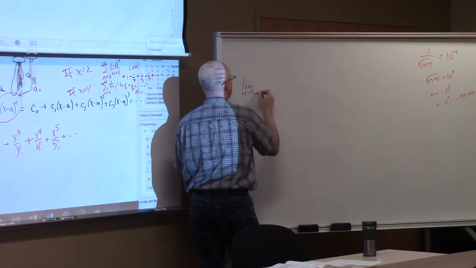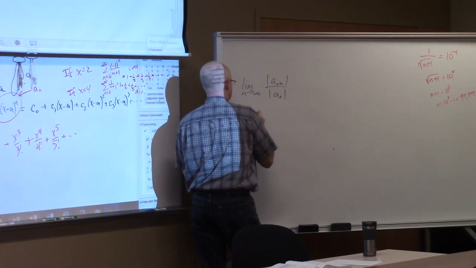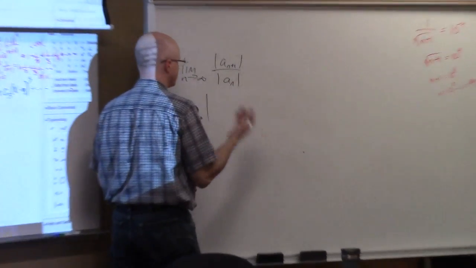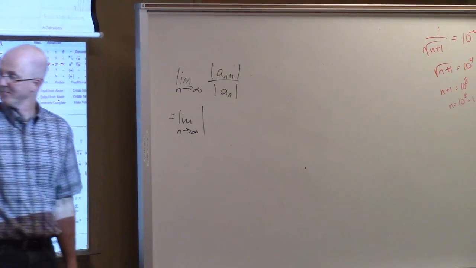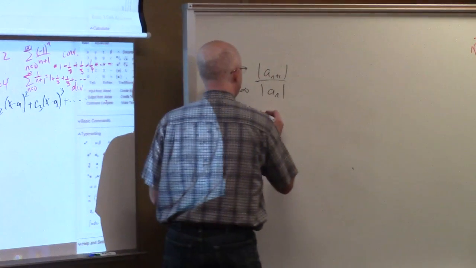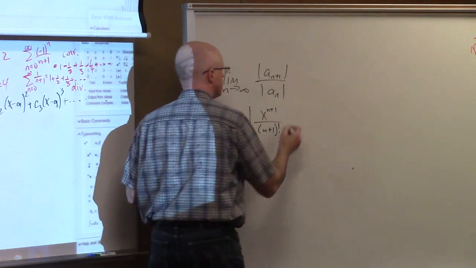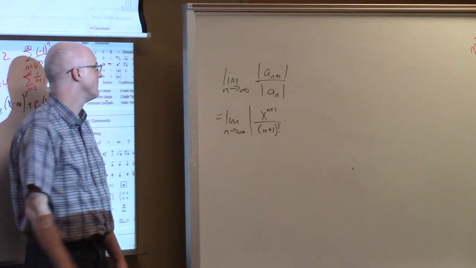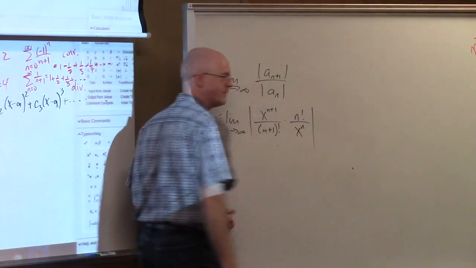Limit as n goes to infinity of the absolute value of a n plus 1 over the absolute value of a n. You do need to keep the absolute values in here for these power series. You can put the absolute value on the whole thing. When you replace n with n plus 1 here and here, you're going to get x to the n plus 1 over n plus 1 factorial. Divide by this thing with just the n there as it is, multiply times its reciprocal.